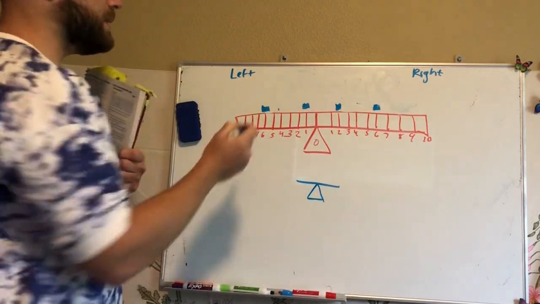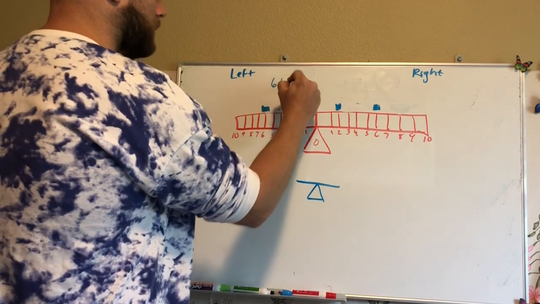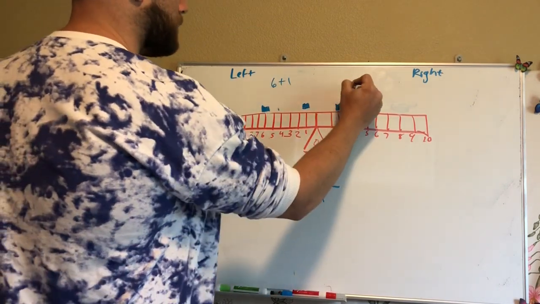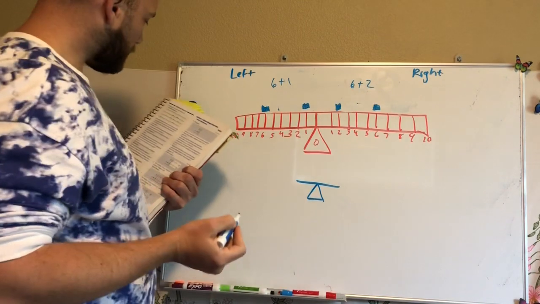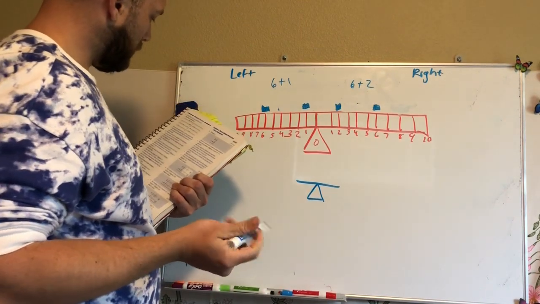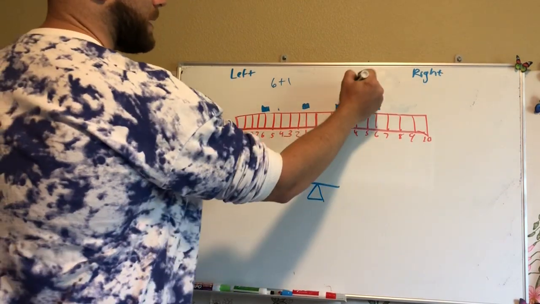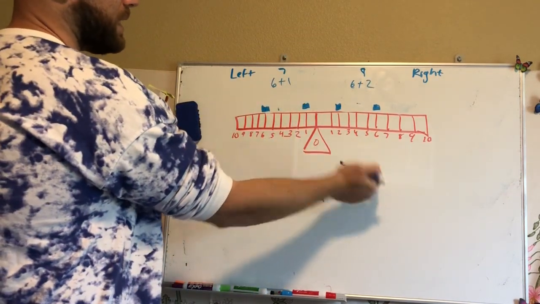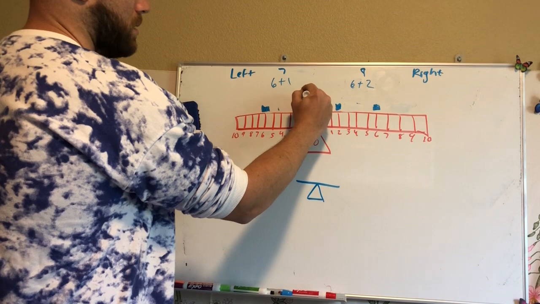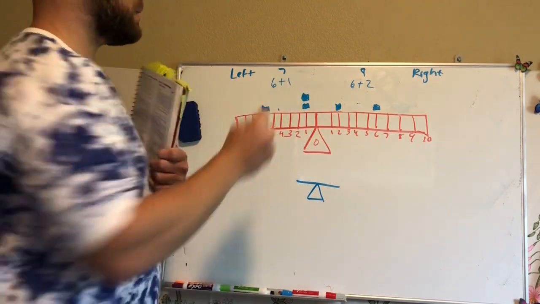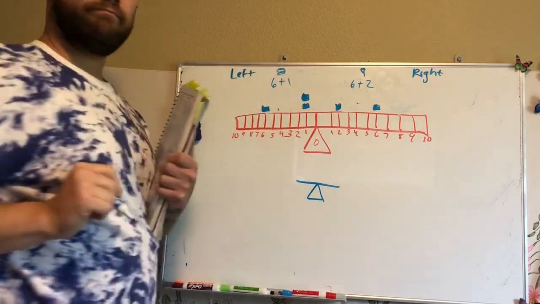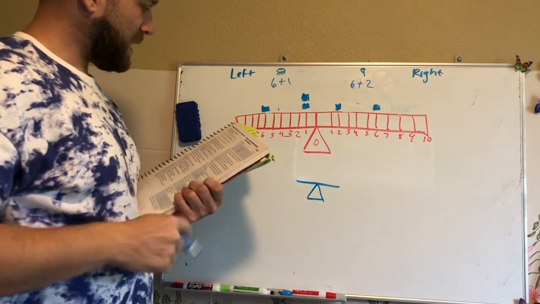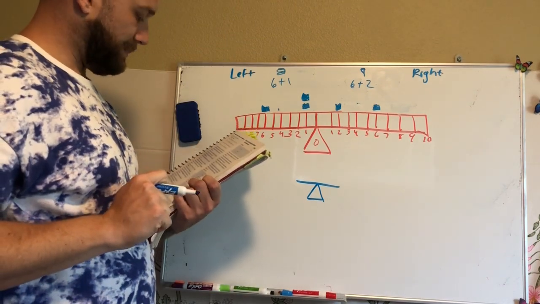All right, so on this side, you have 6 plus 1, and on this side, you have 6 plus 2. So all you need to do, because right now you have 8 and 7, this is the heavier side, so you just need to add 1 more on top of the 1, giving you 8. I'll let you do problem D on your own.